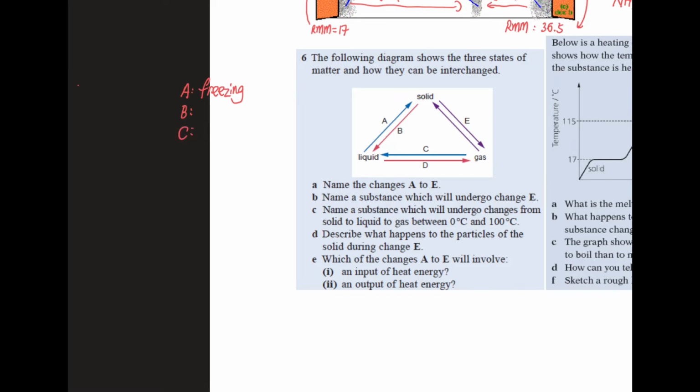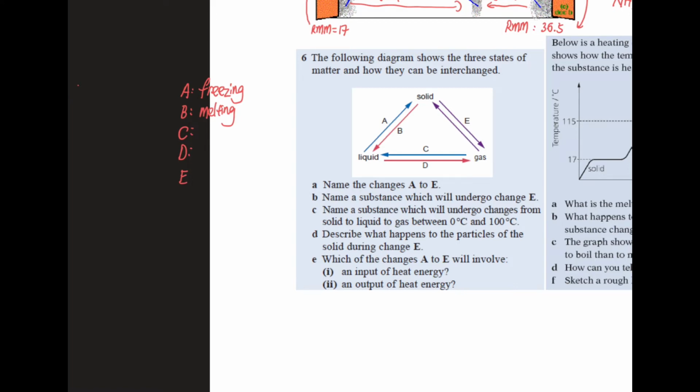Freezing, okay. How about B? B is solid to liquid. B is melting. Melting, yes, correct. Okay, how about C?